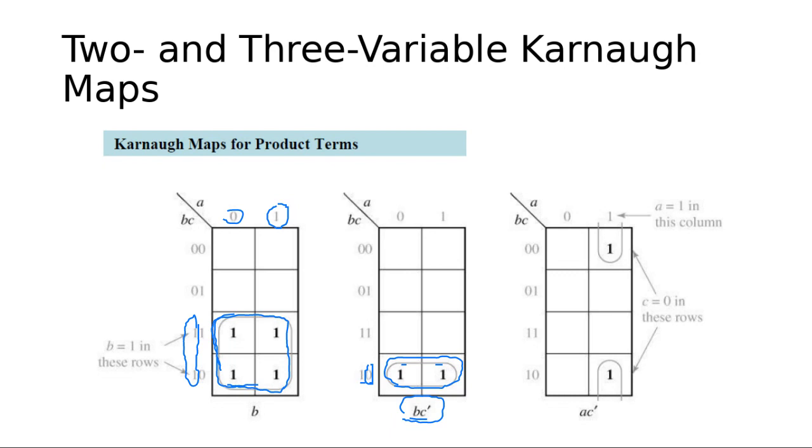It is not changing. What about C? C is changing, right? It gets the 1 and it gets the 0. Only not change is B. The result is B. F equal B.